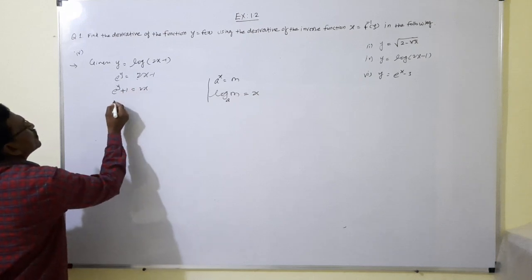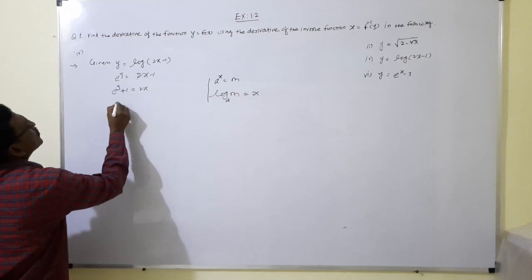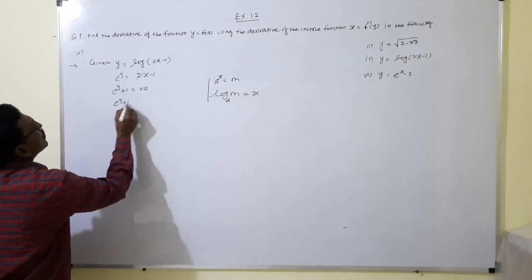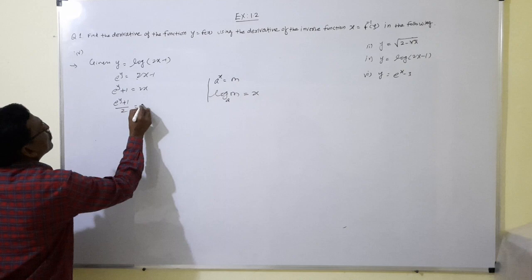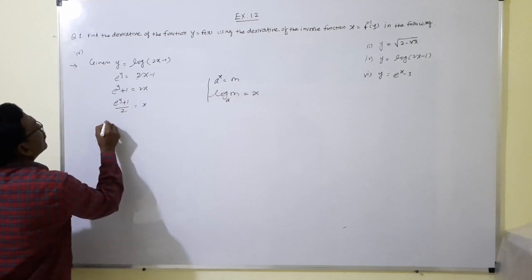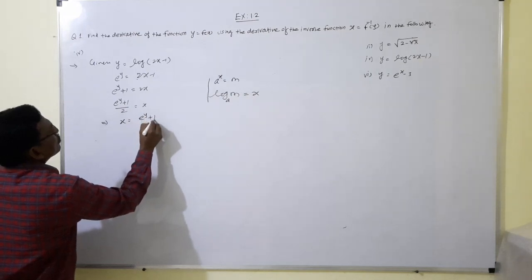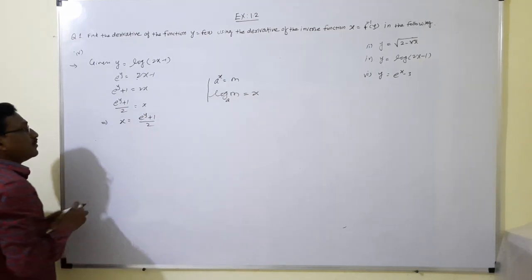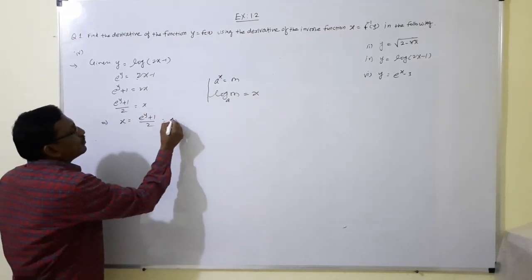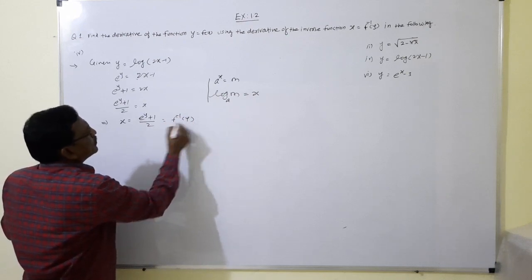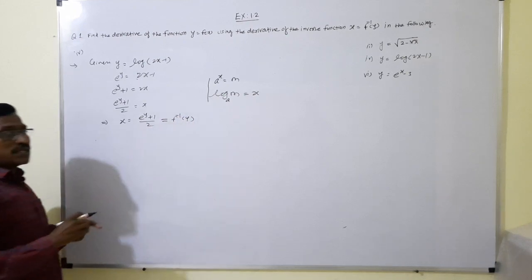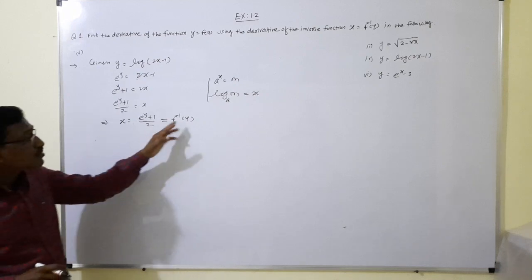Again take this 2 to the left hand side. So (e to the power y plus 1) by 2 equal to x. Therefore x equal to (e to the power y plus 1) divided by 2, which is of the form f inverse of y. This is in the form of an inverse function.